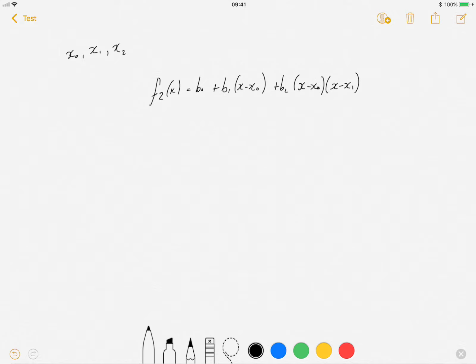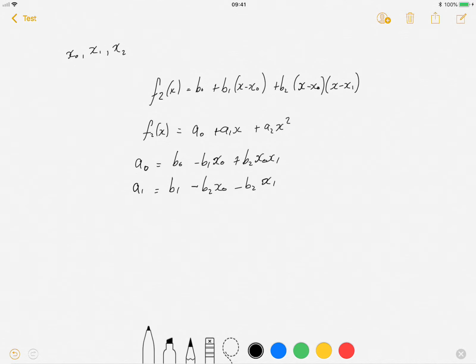We can gather these terms to say that f2(x) is equal to a0 plus a1x plus a2x squared, so that a0 is equal to b0 minus b1x0 plus b2x0x1, a1 is equal to b1 minus b2x0 minus b2x1, and a2 is simply b2.